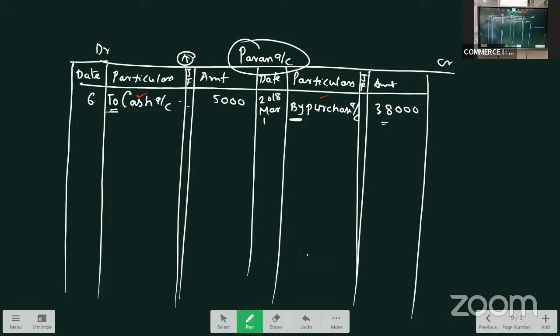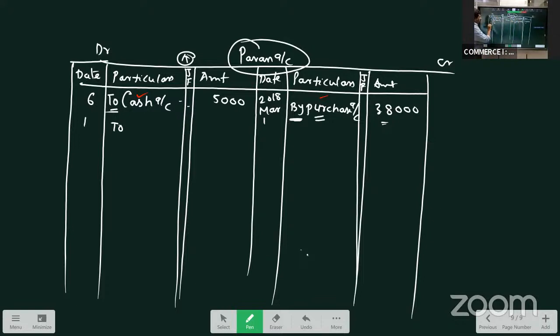What is the next transaction? It is goods returned to Pawan. We have returned goods to Pawan. So Pawan is receiving. So what will we write here? Earlier we had purchased, no? We had purchased on March 1st. Now we are returning. We are returning on the 10th.